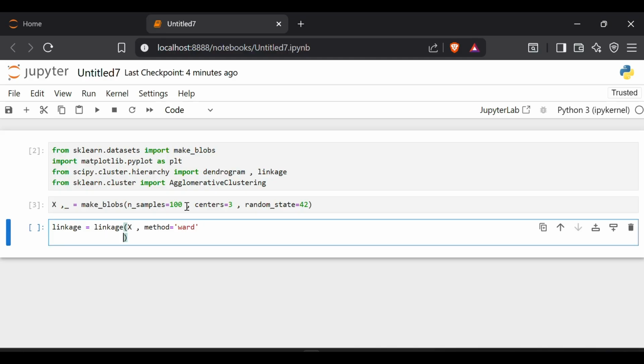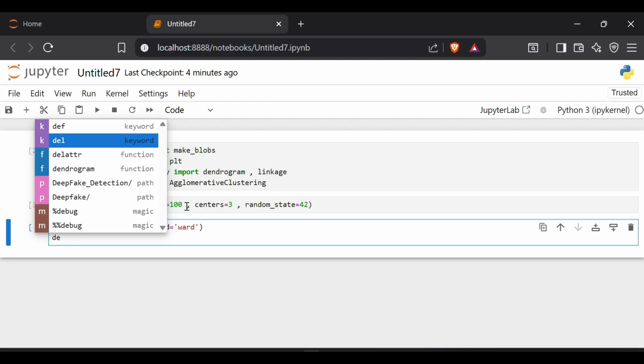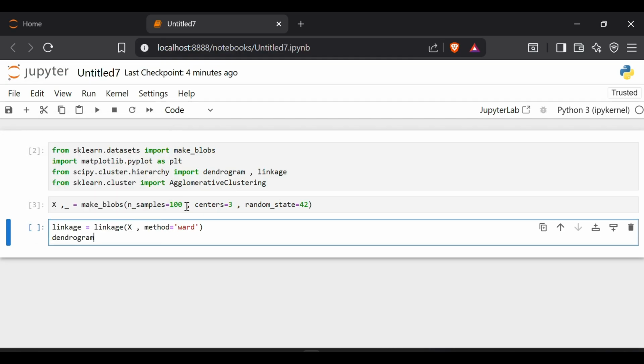Okay, so now we will give the dendrogram, and in this we will give the linkage.